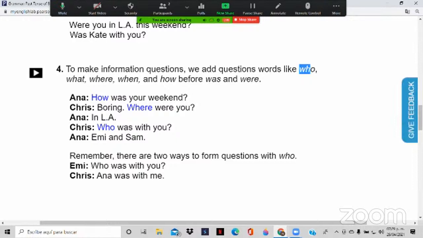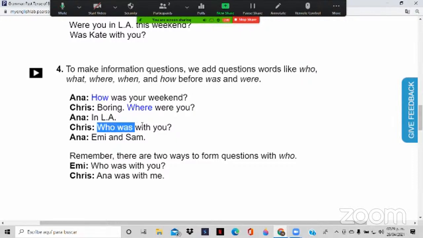Y ya si nos vamos a una lingüística más elevada, pues se le denominan de una forma diferente que no recuerdo precisamente ahorita, pero sí tienen un nombre estos WH words. Good. Entonces es para quién, cómo, cuándo, dónde, por qué. Good. Y aquí tenemos que cuando hacemos preguntas con who, usualmente se utilizan dos diferentes formas.